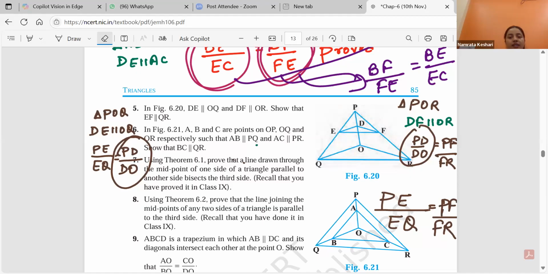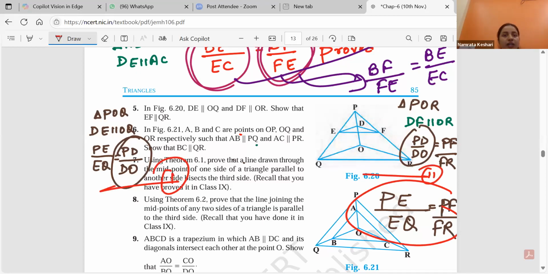So if PE and EQ, let me highlight the ratio. PE, the ratio which we got from equation number 1 and 2. This is equation 1, this is equation 2, and by comparing 1 and 2, we got the circled one. Every time we were done till here, because this is what we were supposed to prove in all the previous questions, but not here.